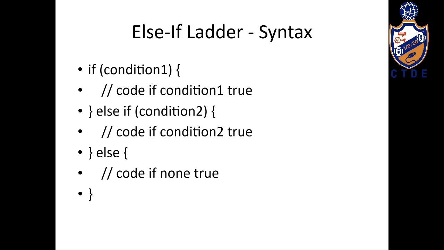Then we have else if condition 2, and the code if condition 2 is true, and then we can have the else part. The else part is going to be executed if none of the conditions above were true. This one is easy. I think we understand it.